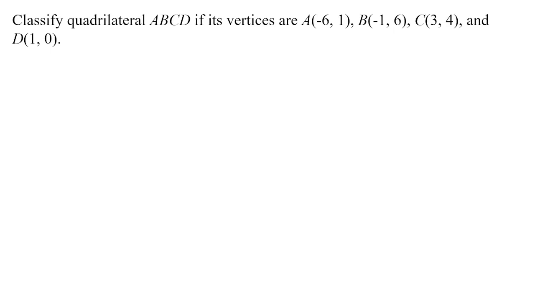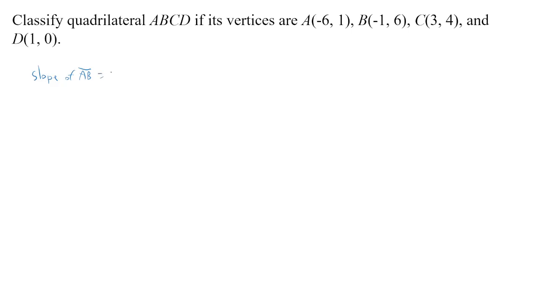Let's say you are to classify quadrilateral ABCD if its vertices are -6, 1, -1, 6, 3, 4, and 1, 0. So let's go ahead and find the slope of segment AB.